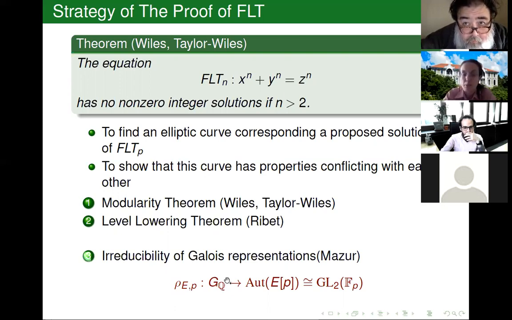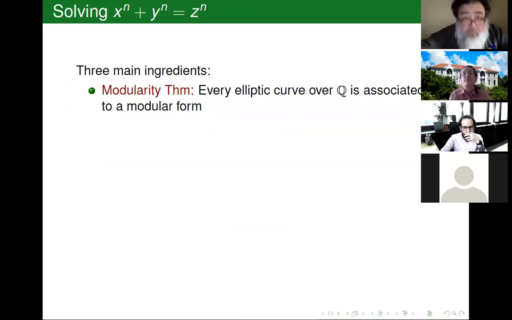So this is the Galois representation that the theorem of Mazur is talking about, the one that we started this talk with. Okay. So what are these three theorems saying? Very briefly, again, I'm not trying to write them in their full generality or anything like that. I'm just trying to give the idea of these theorems.